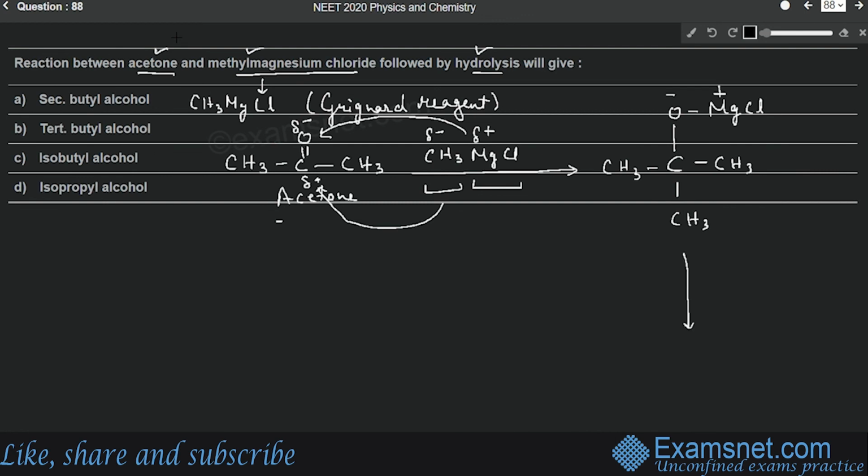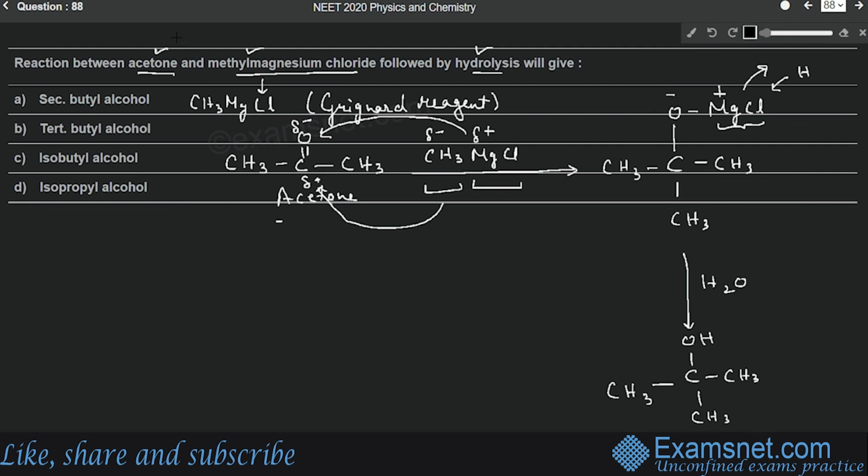Now in the second step, hydrolysis is done. So what will happen? This magnesium chloride will be replaced by hydrogen. So carbon, CH3 here, one CH3 this side and one more CH3 this side, and this side we have OH. Okay, so hydrogen has replaced magnesium chloride.